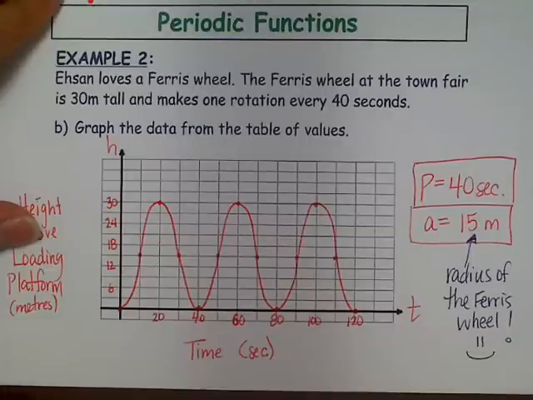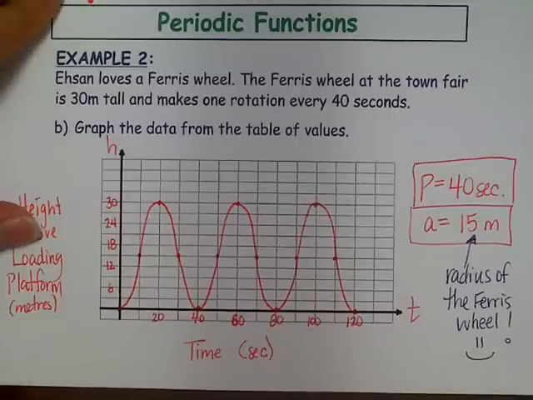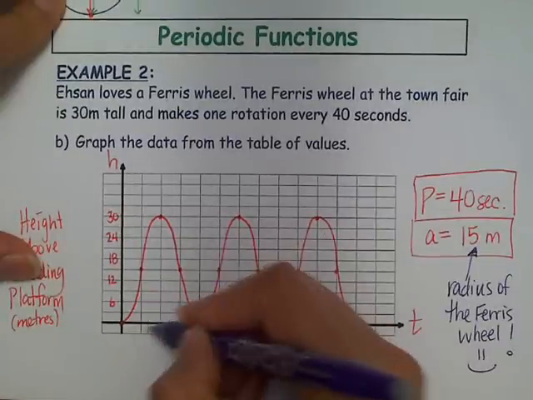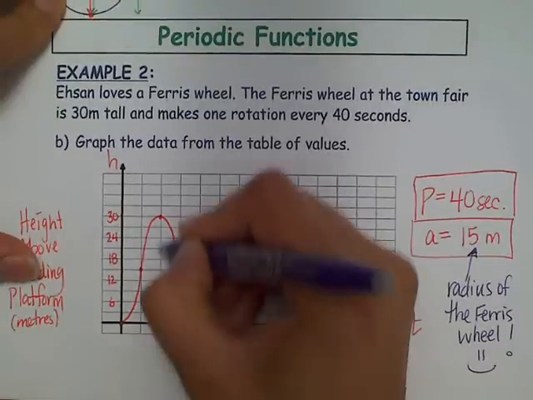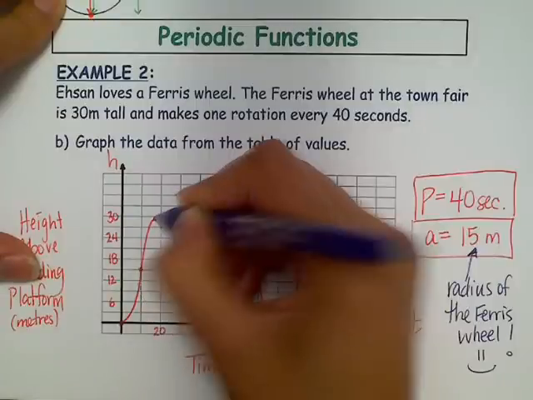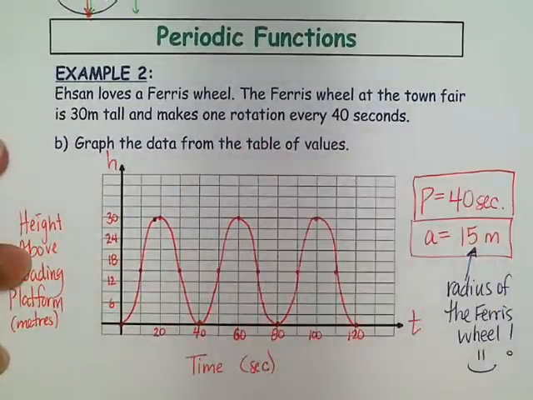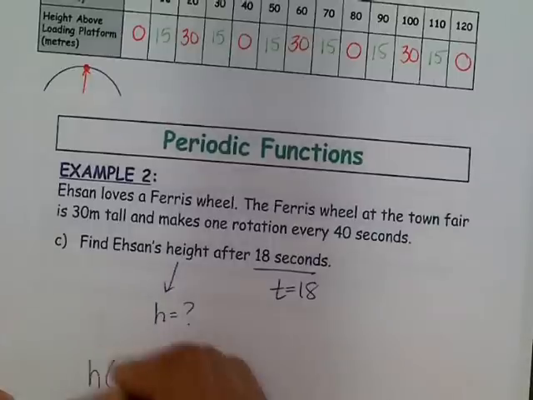And so if we look at our graph, we should be able to identify that. We want to know at a time of 18 seconds, what is his height? So that's 10, that's 20, 18 seconds is about here. So I guess you can approximate that his height would be about 29 meters.